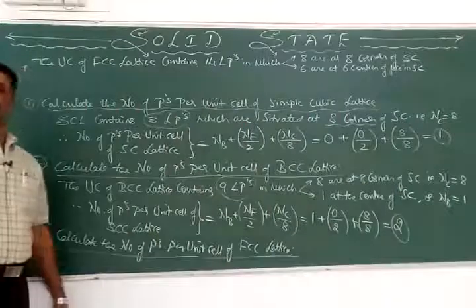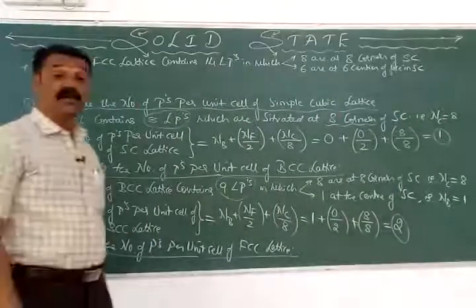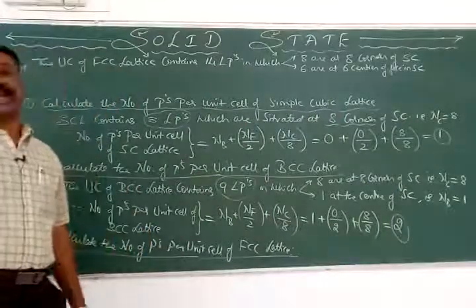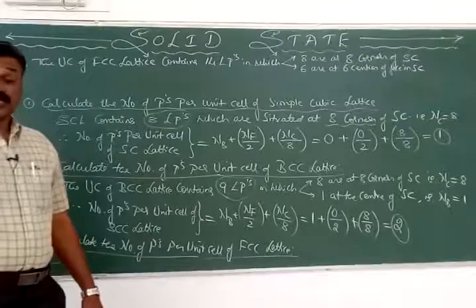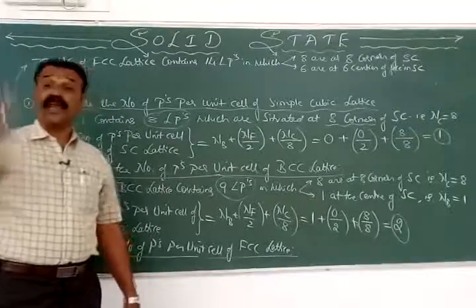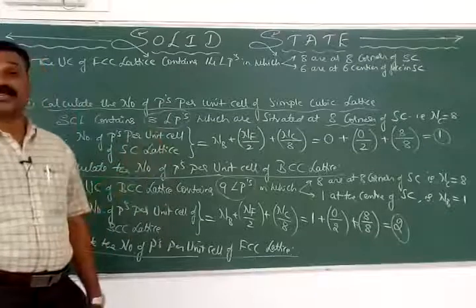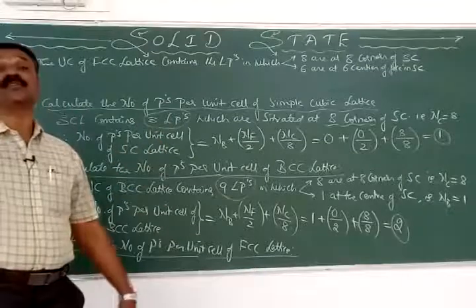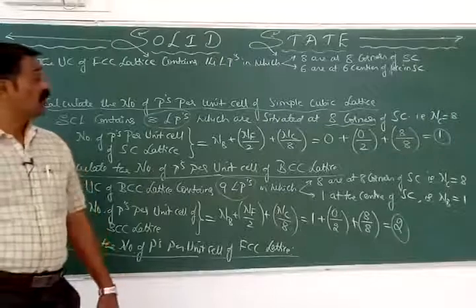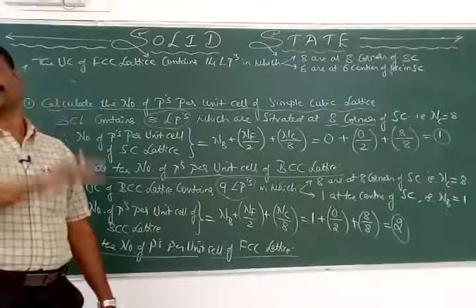How many lattice points with respect to the FCC lattice? We are having totally 14 lattice points. Among the 14, 8 are present at the 8 corners of the simple cube and 6 are present at the 6 centers of the faces with respect to the simple cube.